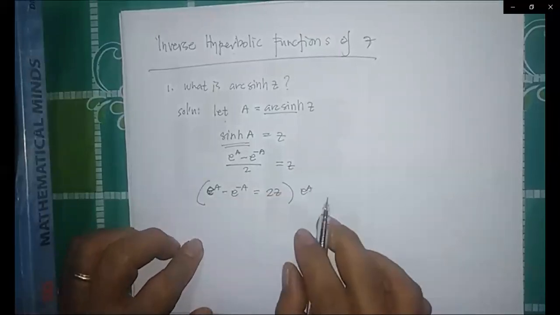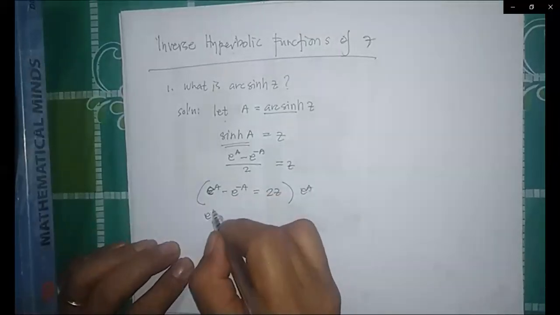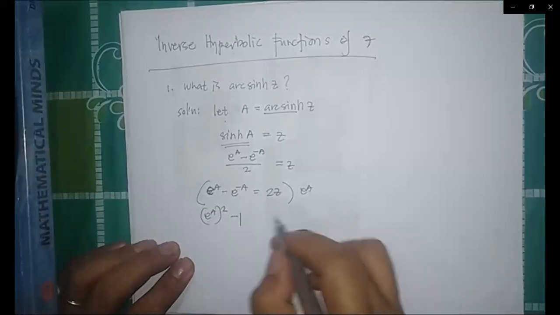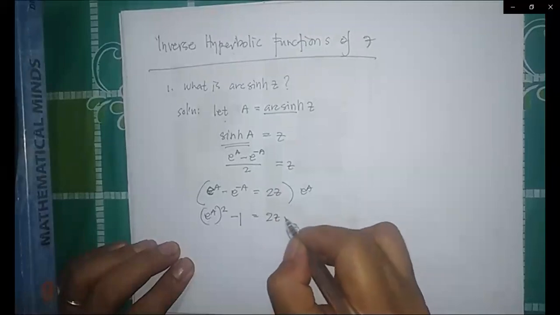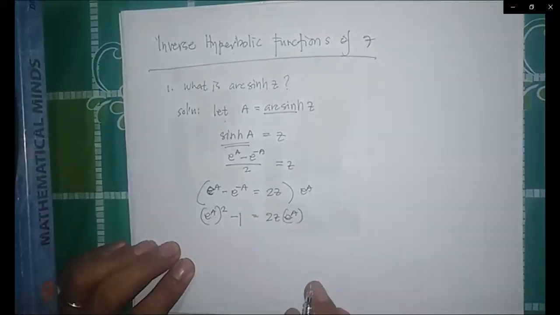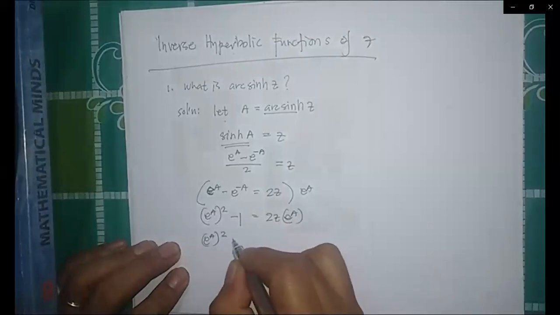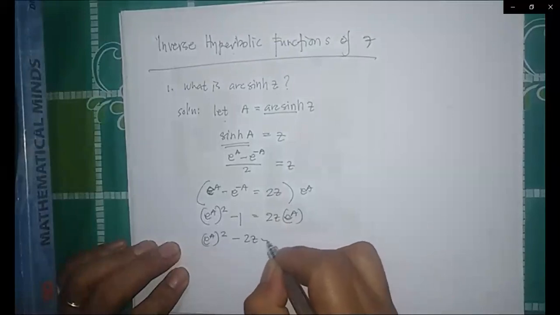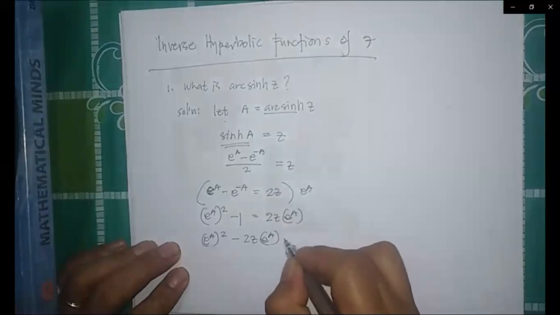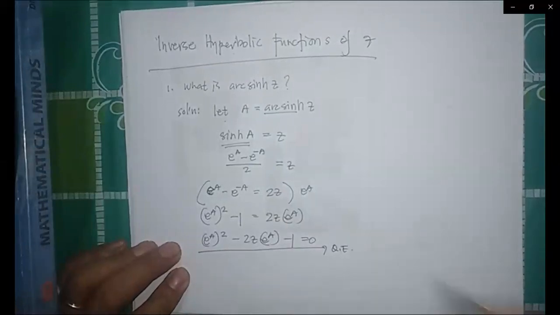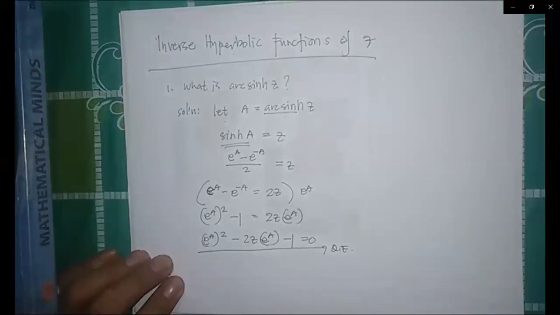Multiplying that by e raised to a to make the equation quadratic, this will become e raised to a quantity squared minus 1. This will become 2z multiplied by e raised to a. Now rearranging that equation to become a standard quadratic equation, we equate this to 0. Now this will be our quadratic equation of e raised to a.